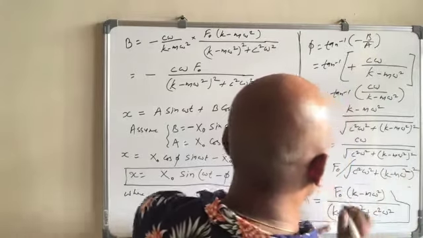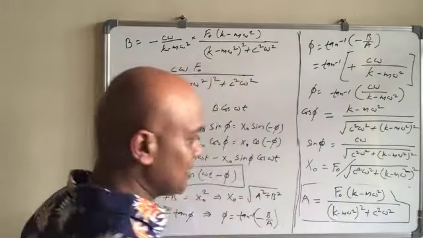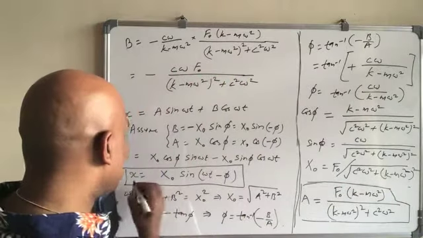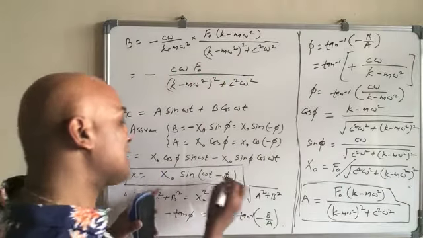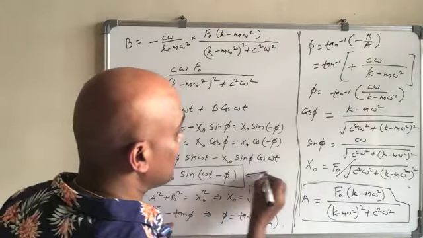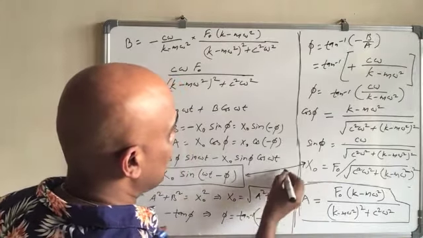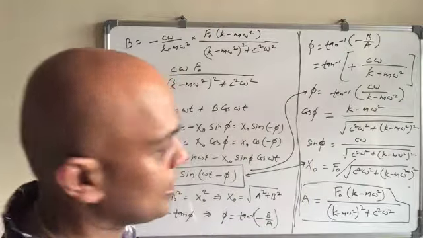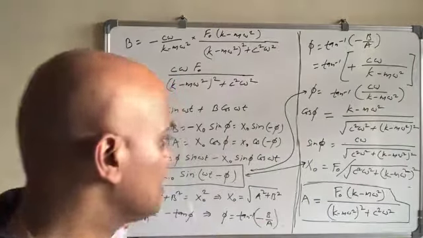What do we get? We get f naught from the numerator, and from the denominator we get the root of that. So this divided by this one, we get f naught divided by the root of c square omega square plus k minus m omega square, all squared. This is x naught. So our solution is x equal to x naught sine omega t minus phi, where x naught is given like this one, and phi is given like this one.